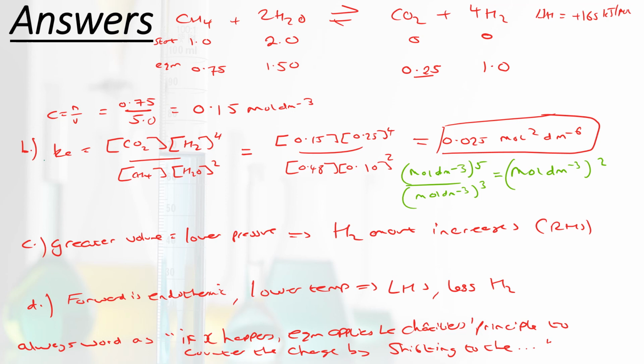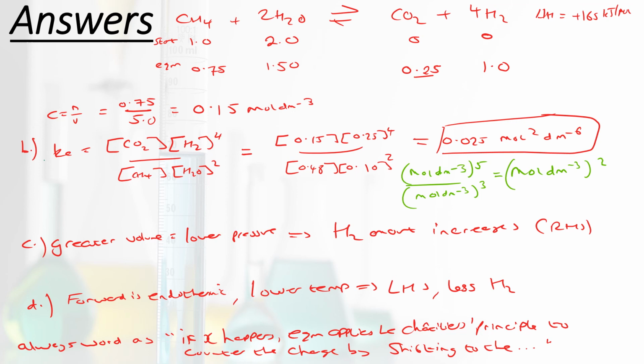If I lower the temperature, the equilibrium is going to want to move in the direction that opposes that change from Le Chatelier's principle. To oppose that change would be to increase the temperature, to release heat. And so to release heat is the exothermic direction. That's the backwards direction, and therefore it moves to the left-hand side, and therefore our yield of hydrogen decreases.